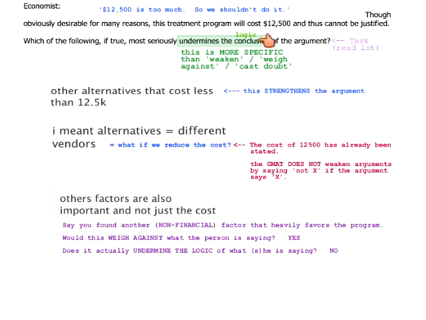Like, if you actually have to undermine the logic or the conclusion or anything like that of the argument, if you actually have to undermine the way the argument works, this means that you have to bring in something that is in the same type of thoughts that the person is talking about. So if the person is talking about financial stuff, then you need to bring in more financial stuff.